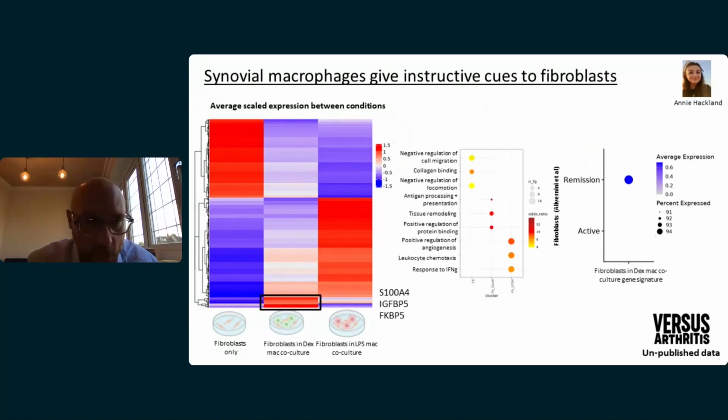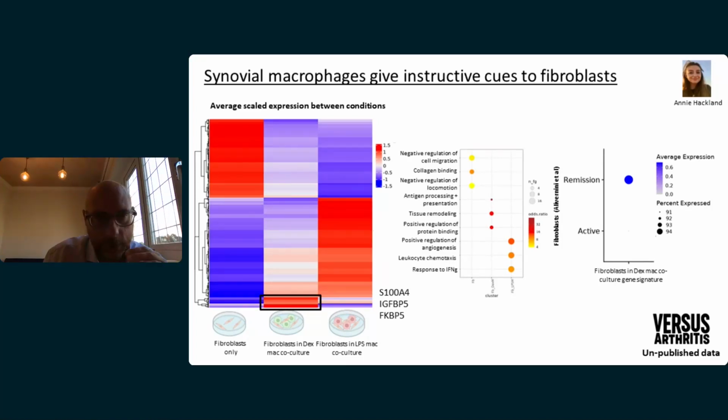And when we culture those with fibroblasts, they give instructive cues that regulate fibroblast biology. So a reparative macrophage tends to switch off the fibroblast into this resting state, whereas the pro-inflammatory ones send signals which drive the activation of those fibroblasts. And so macrophages give key instructive cues to the fibroblast.